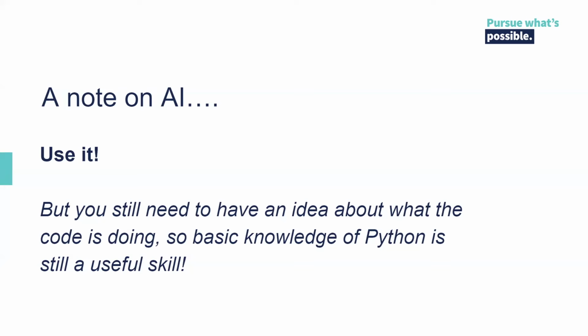And so that's why I would say basic knowledge of Python is still a very useful skill, and I don't think that's going away anytime soon. But yes, by all means, please do take advantage of chatbots and ChatGPT, especially if you need to just get over a little hump, like you can't quite figure something out.